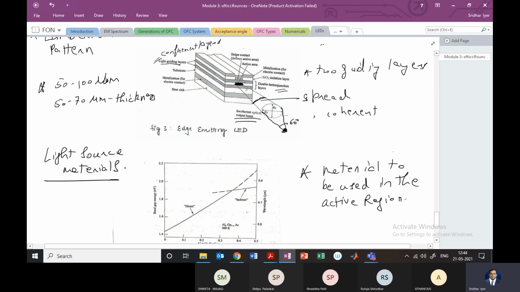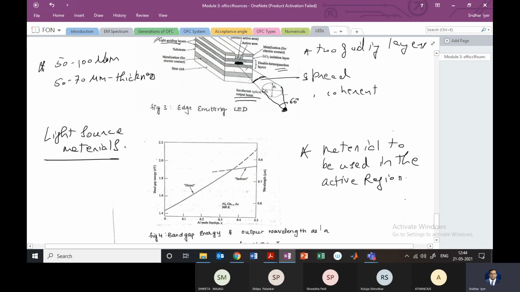For the active layer or the active region of this optical source, the LED, we generally use materials which have direct band gap energy. This will also help us in radiative recombination, meaning more light is going to be generated. We'll talk about radiative recombination mathematically when we are deriving the quantum efficiency.